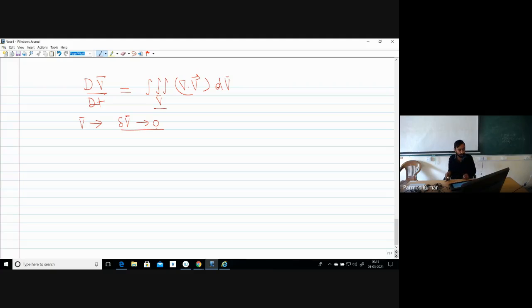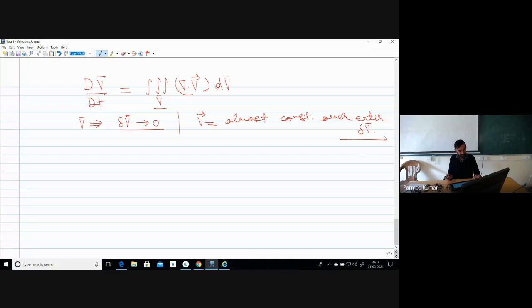So instead of integrating over the entire volume V bar, I am considering a small elemental volume delta V bar. If this volume is approaching zero, my velocity field V vector will be almost constant over the entire delta V bar. Okay, so this is one important point which I am considering over here.